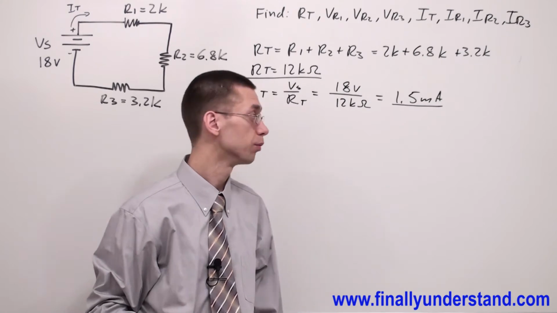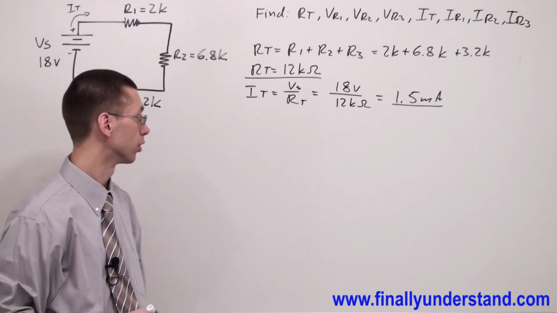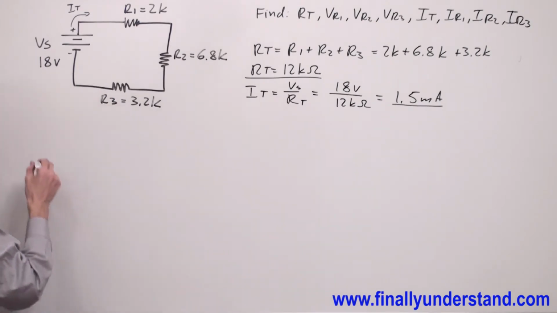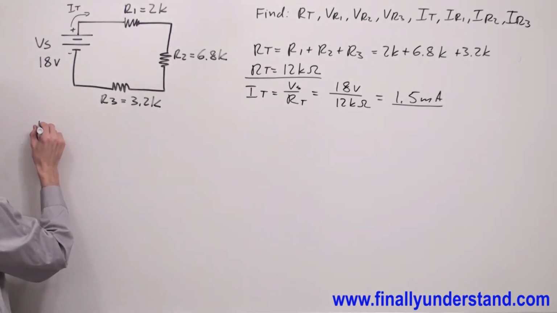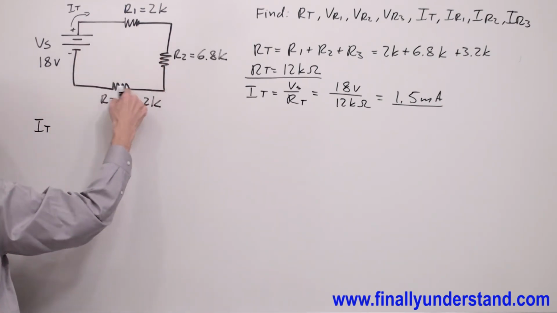Next, you have to remember the KCL, Kirchhoff current law, which says that in a series circuit, all values of current are the same. I mean, we have just one current flowing through each resistor.